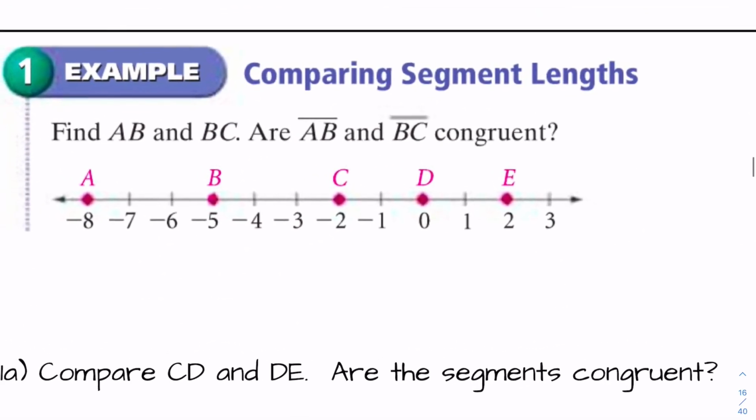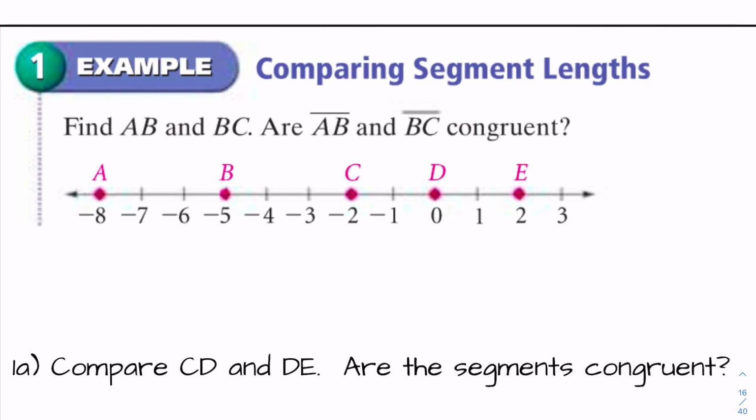All right. Find AB and BC. So be careful when you're doing this one. AB is not 2 away. It's 1, 2, 3 away. Well, let's see how far away BC is. 1, 2, 3 away.